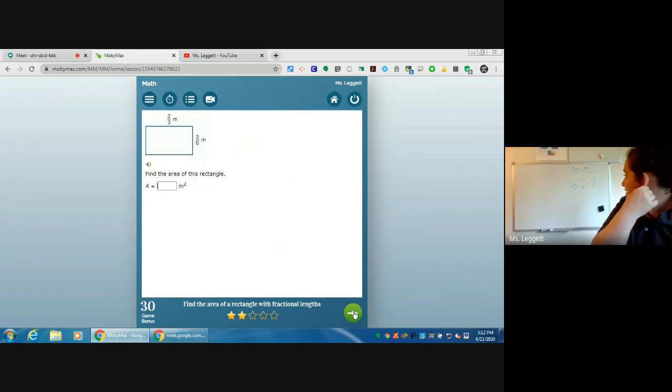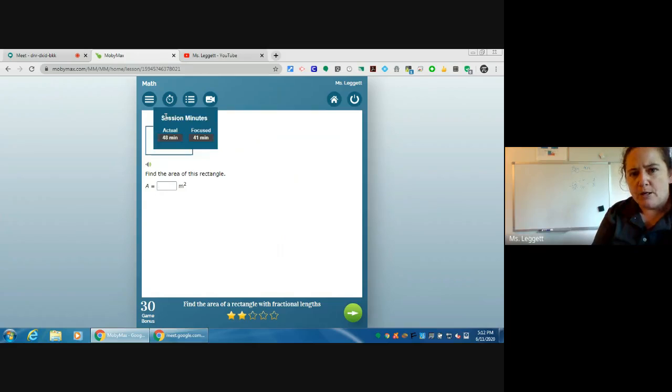I'm really curious as to whether or not it was going to accept the unsimplified version. So I think that if the next one can be simplified, I'm going to put the unsimplified answer because I really want to see if it's going to make us simplify. So 2 times 3 is, take a look at the numerators, 2 times 3 is 6.